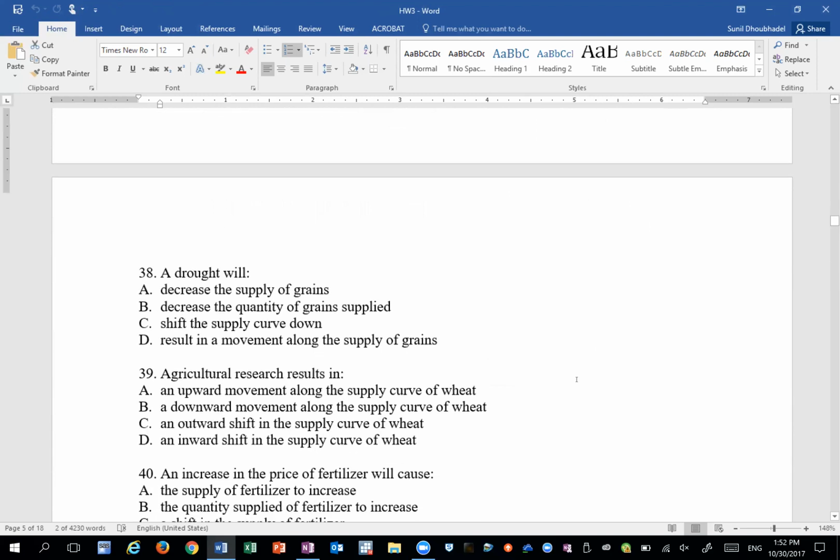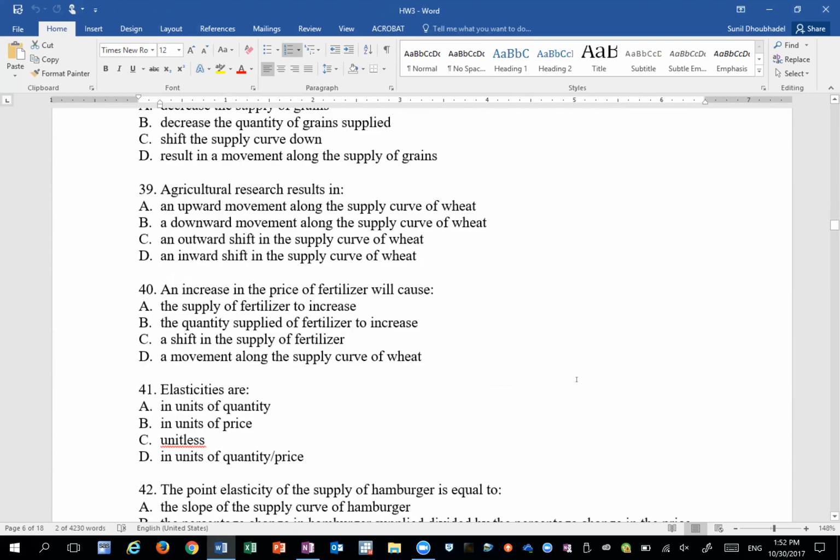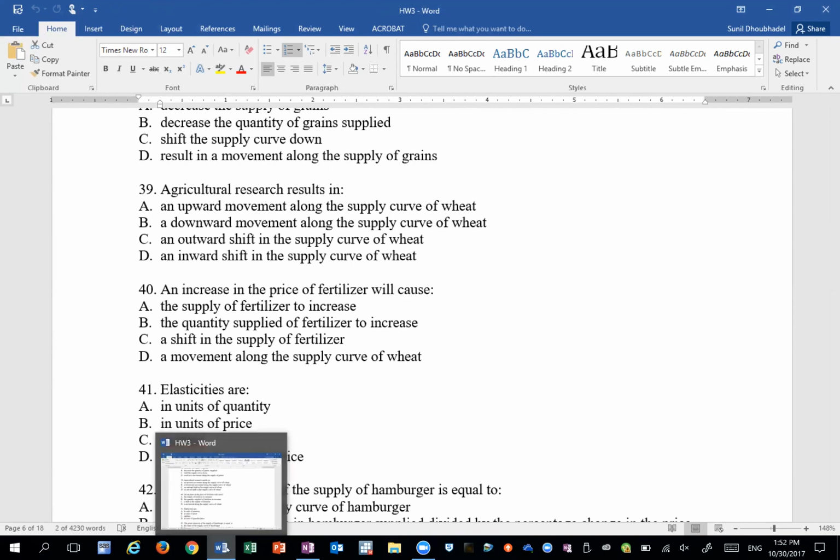Okay, number 39. Agricultural research results in an upward movement along the supply curve of wheat, a downward movement along the supply curve of wheat, an outward shift in the supply curve of wheat, an inward shift in the supply curve of wheat. And the answer is outward shift, right? Because technology is not a movement along the supply curve.